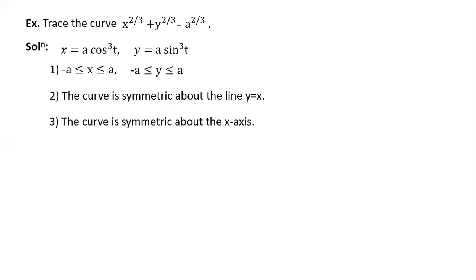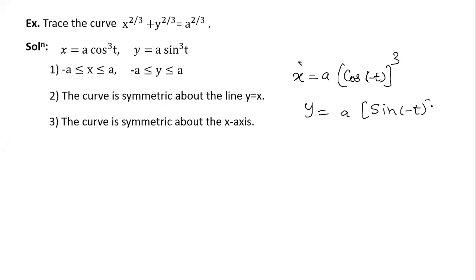Replace t by minus t. Then the new equation will be x equal to a times cos of minus t to the power 3, and y is equal to a times sine of minus t to the power 3.